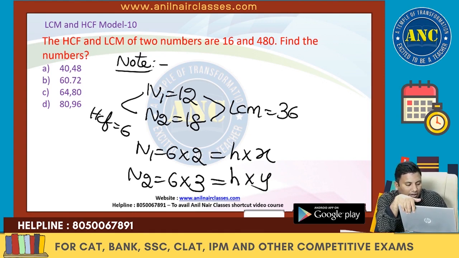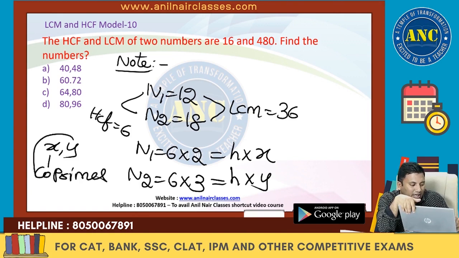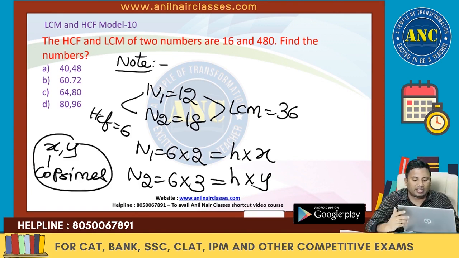Any natural numbers can be written as H into X and H into Y, where X and Y are co-prime to each other. Please write down this.